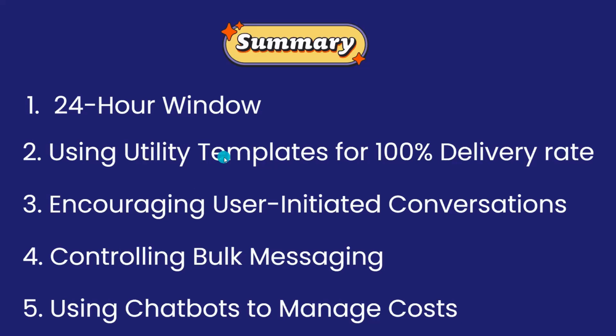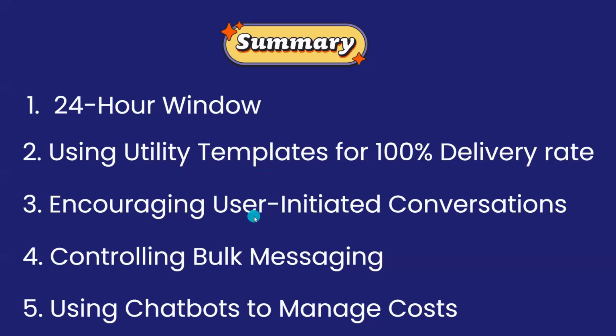We saw that the delivery rates of marketing templates are decreasing because of the delivery policy. To avoid that, you can convert your marketing template to a utility template to get a 100% delivery rate at less cost, because utility templates cost way less than marketing templates.